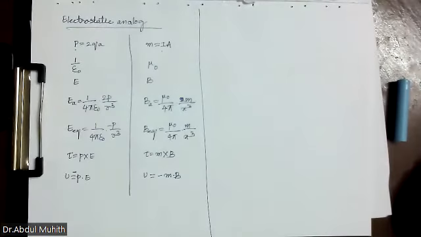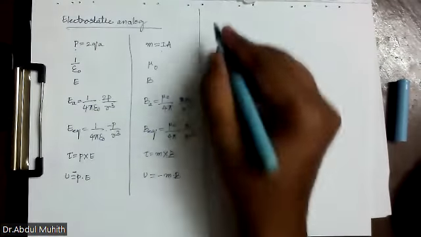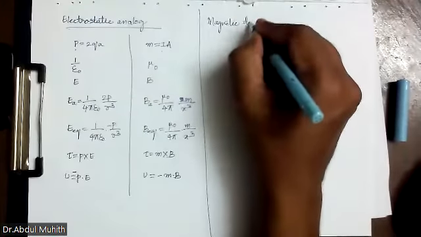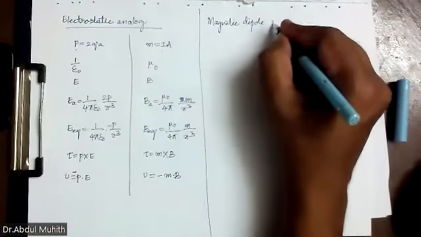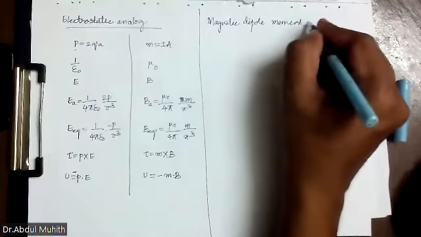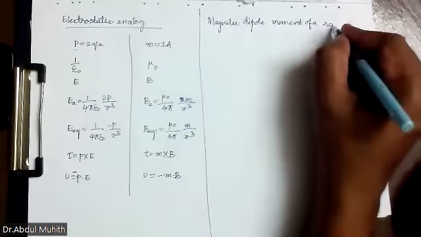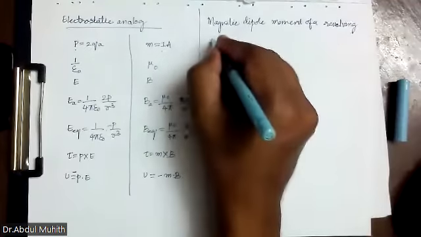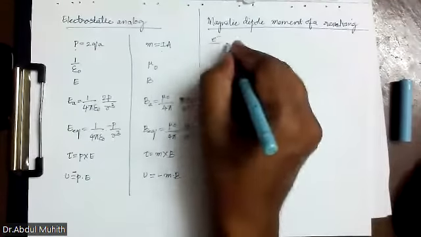The next derivation is the magnetic dipole moment of a revolving electron. It's very simple also. This is important. Okay.